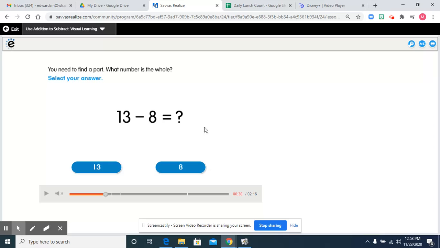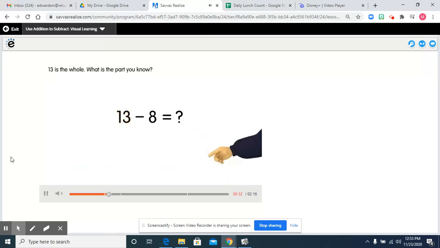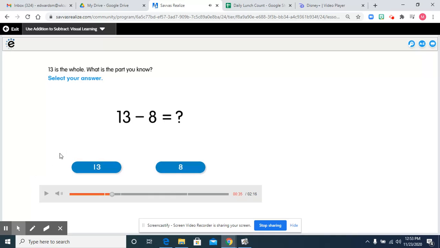So out of 13 and 8, which one would be the biggest number? If you said 13, you are correct. 13 is the whole. What is the part you know? Select your answer. If 13 is the whole, the part that we know is the only number that's left.